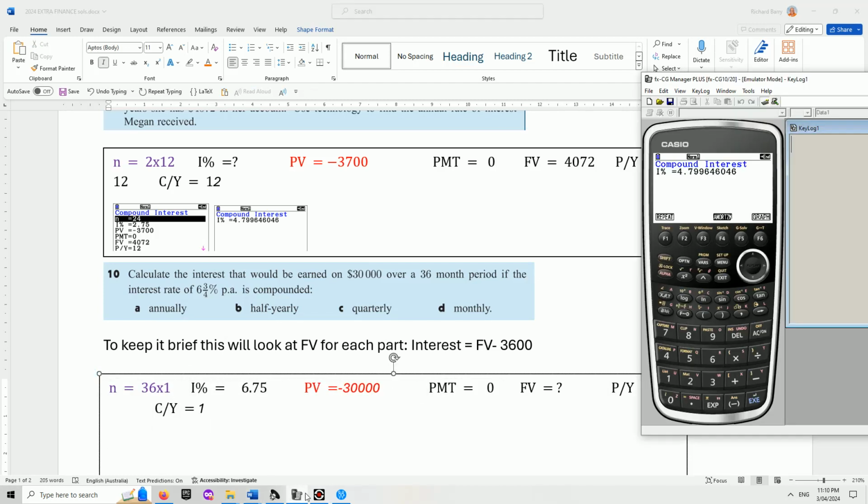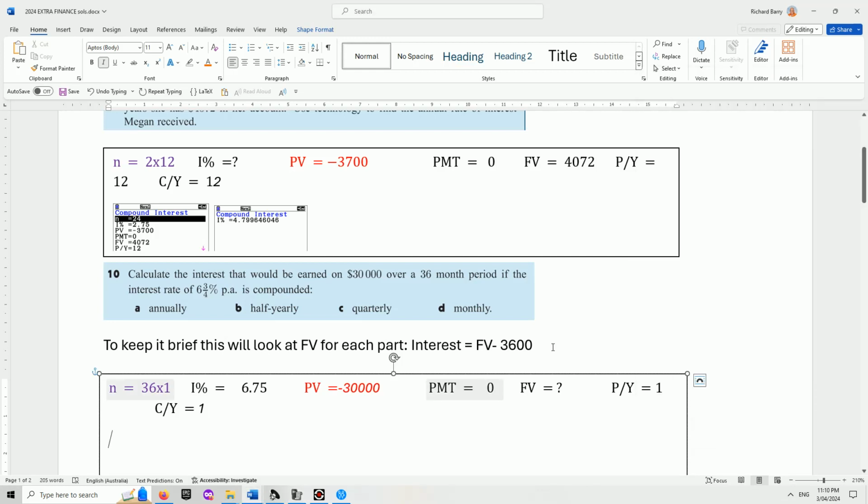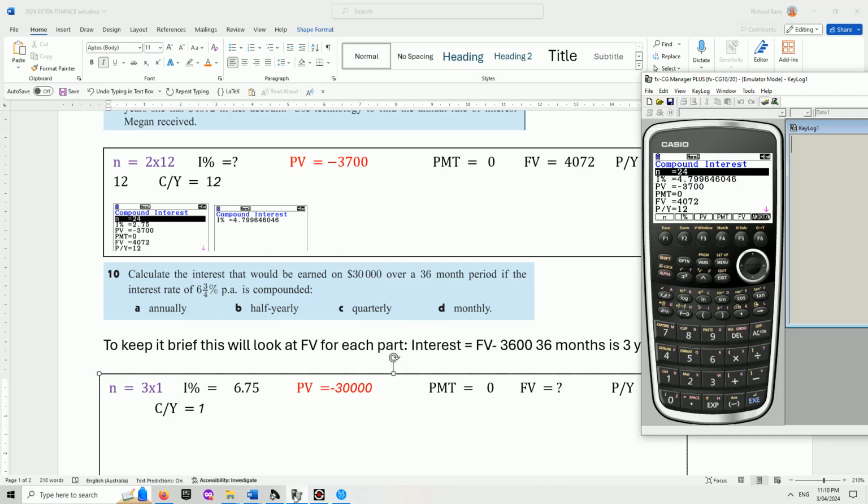Let's zip this into the calculator. So, once per year for 3 years. Simply, 36 months is 3 years. Okay, might write that down. So it's going to happen 3 times in 36 months.